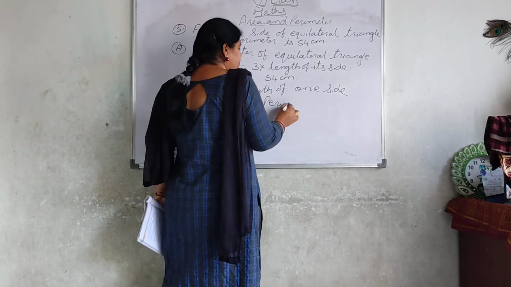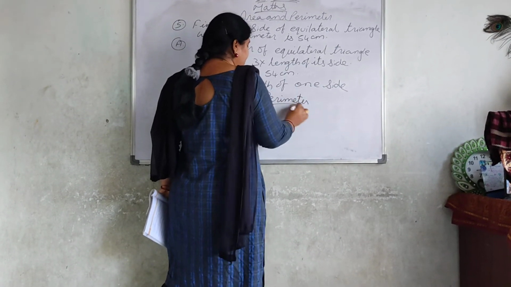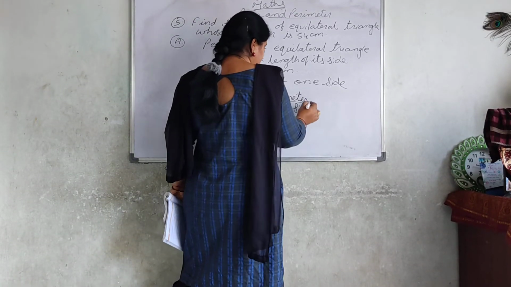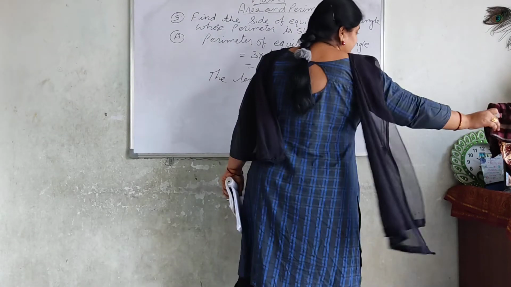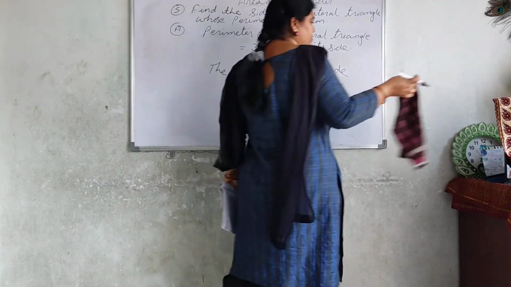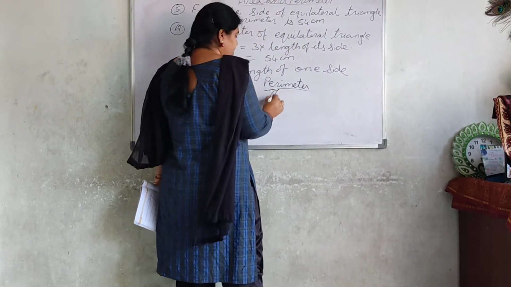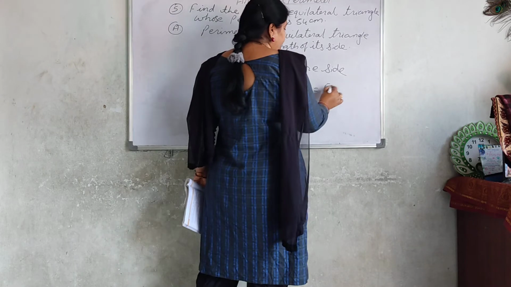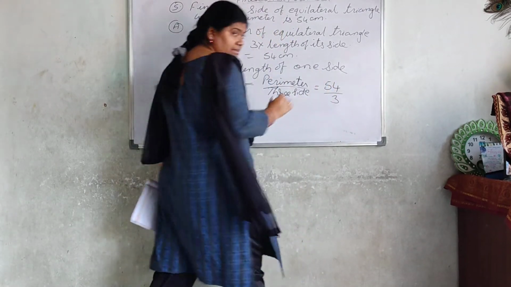Perimeter divided by 3 sides. We will get one side. That is 54 divided by 3.